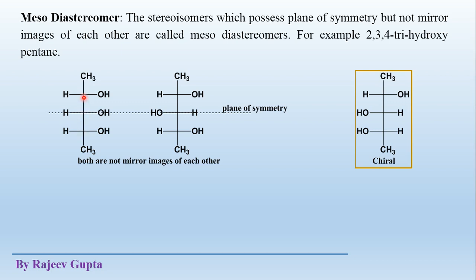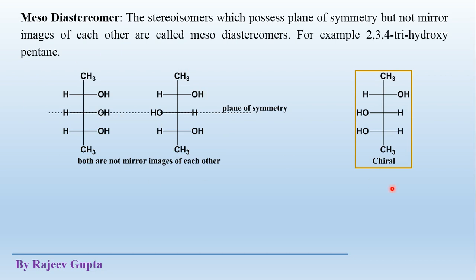In total there are 3 carbons, 2 chiral and 1 pseudo chiral. Why pseudo chiral? Because if one portion has R configuration, then the other contains S configuration. Both groups are the same, but their configuration is different. So this central carbon atom is not called chiral, it is called pseudo chiral.